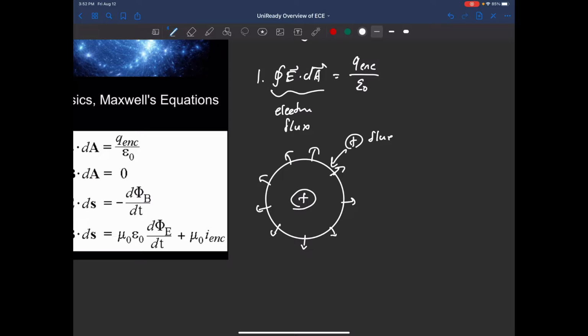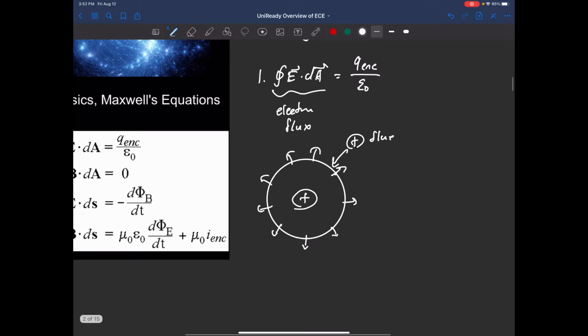So flux, like I said, can be defined on any surface, but for a closed surface, the convention is that if you have arrows pointing away from the inside of the surface, then that contributes a positive quantity to flux.